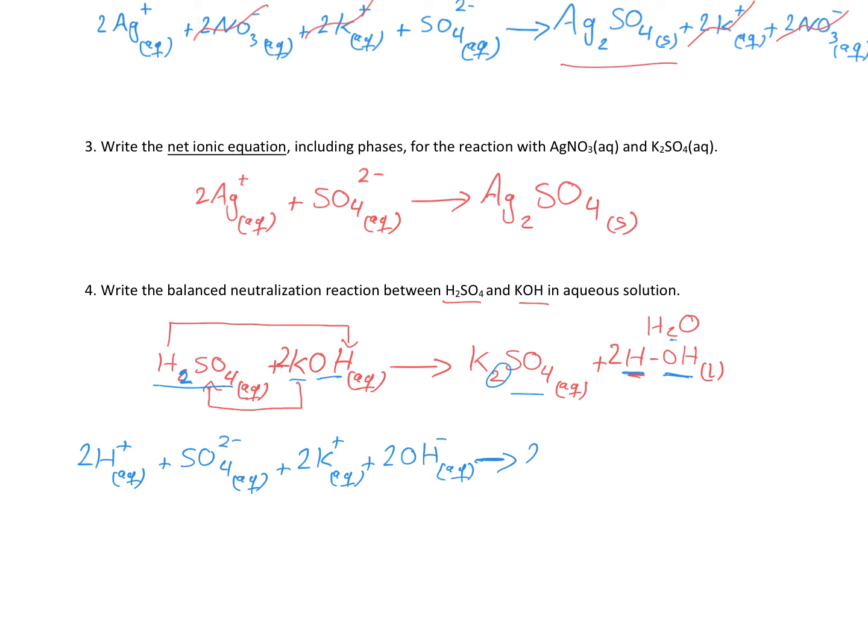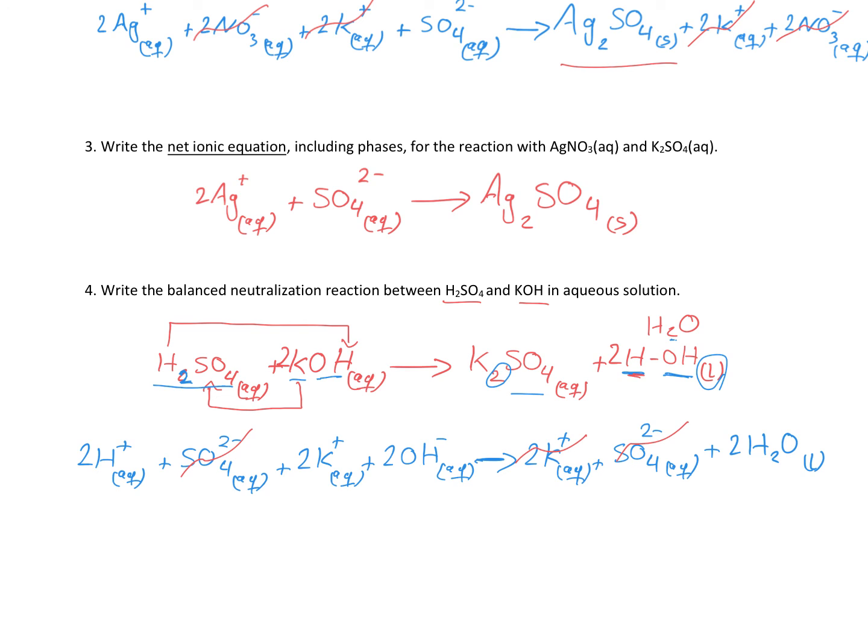That will make two potassium and one SO4 2 minus aqueous. For water, since it's liquid, we do not write the ions, so we keep it as it is. We have two H2O liquid.